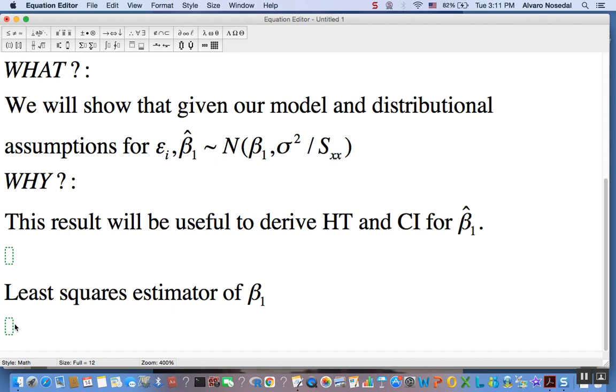For instance, you could derive it using the inverse matrix approach, or Cramer's rule. Anyway, let me write it down for you. We already have that expression for hat beta 1 or beta 1 hat.